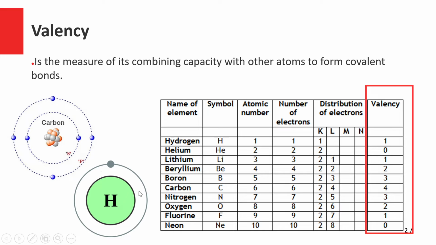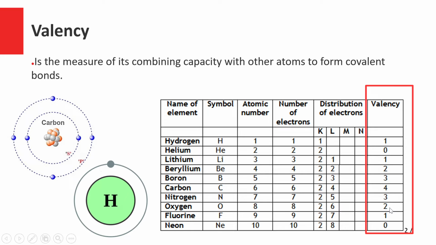So the number of electrons that are in the outermost orbit of the atom is called the valency. So for hydrogen, the valency is 1. For carbon, the valency is 4. Now looking at this chart for other atoms like nitrogen, the valency is 3.